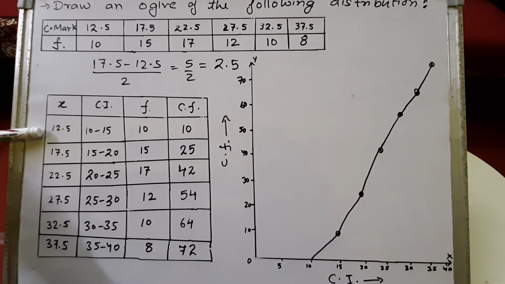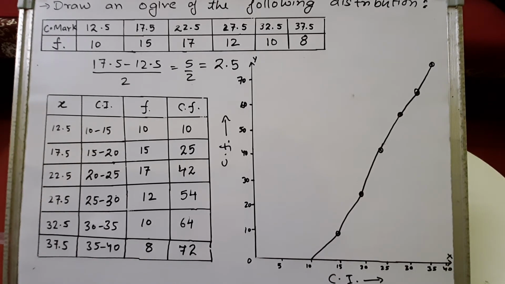Subtracting 2.5 we get 10 and adding we get 15. Then 15 to 20, 20 to 25, and so on, and we have obtained all the class intervals from the given class marks. And the frequencies given are 10, 15, 17, 12, 10 and 8.